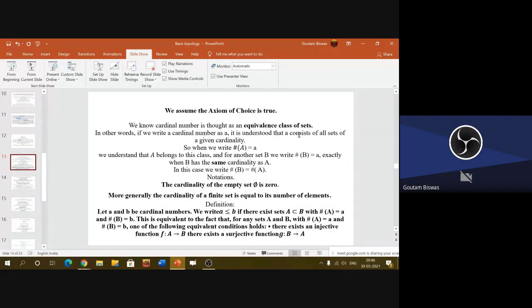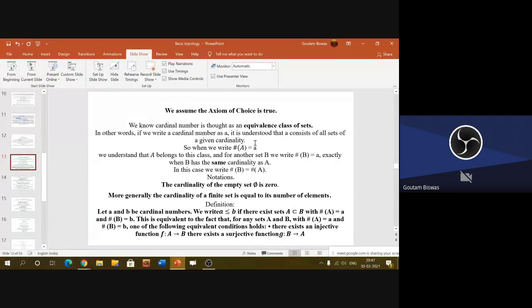Try to remember this. If we write a cardinal number as A, it is understood that A consists of all sets of a given cardinality. Suppose we are considering a set with cardinality, say, 2.